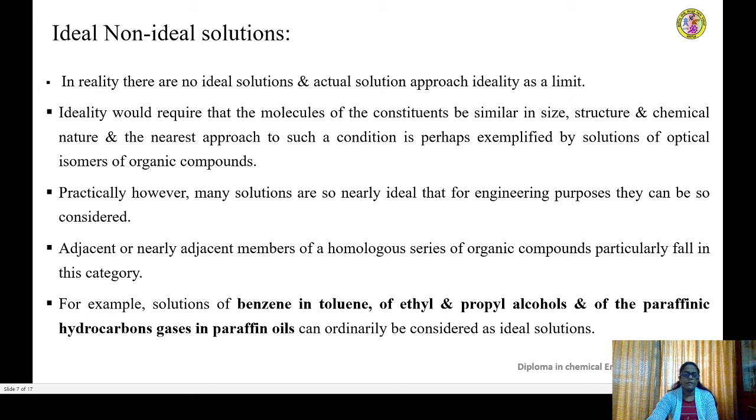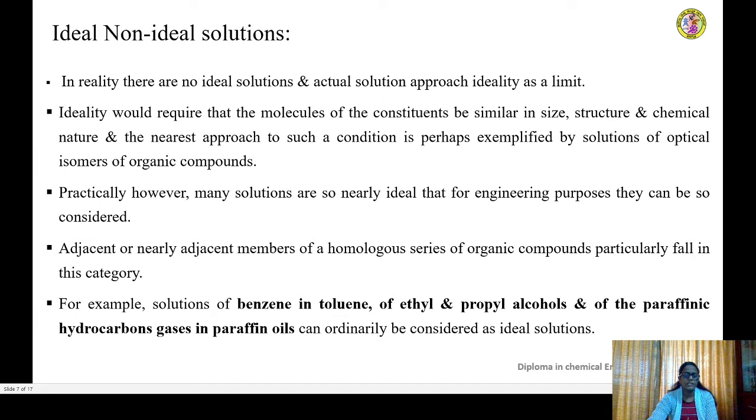So, we have to understand one thing here. An ideal liquid solution is an imaginary one. The solutions that we usually encounter are actually actual solutions, because ideality always requires that the molecules of the constituents in a given solution should be similar in size, structure, and also chemical nature.